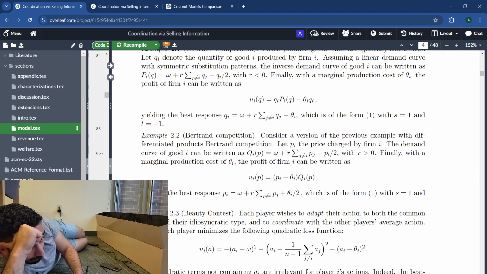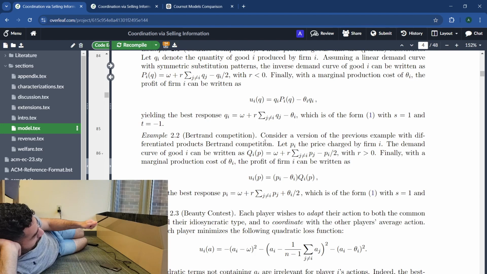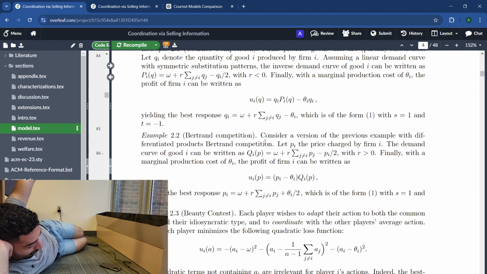It equals omega plus r times the sum over j not equal i of Pj, minus Pi over 2. So if the price of product i goes up, its quantity goes down.